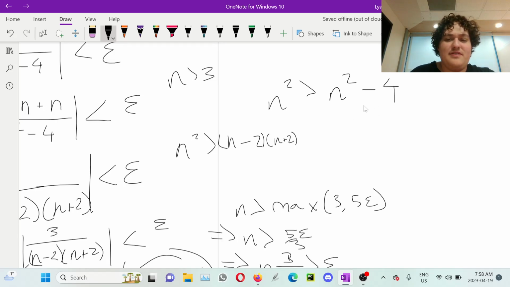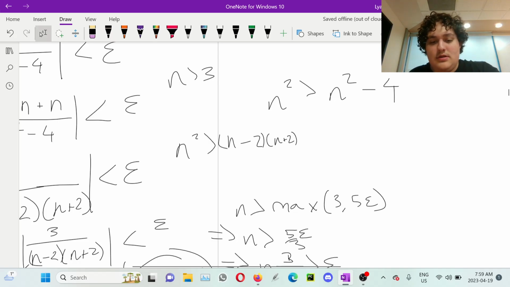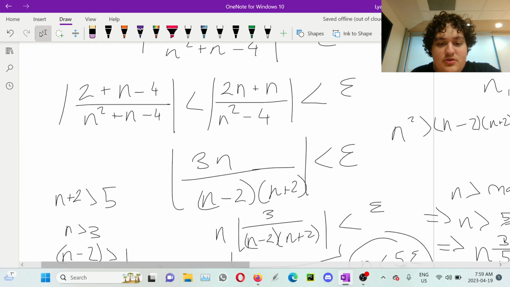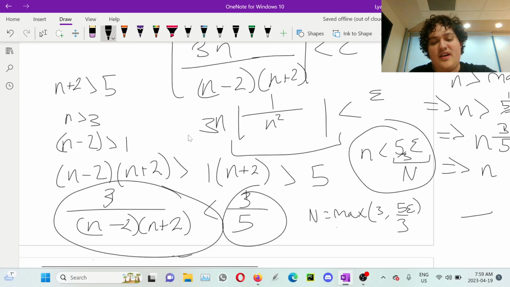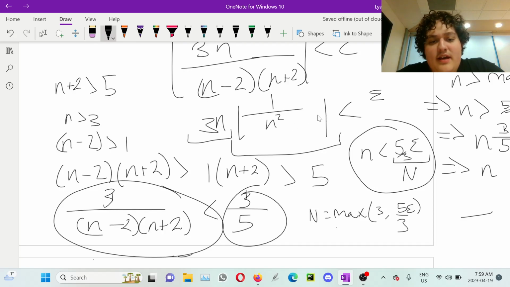Oh yeah, this is obvious, right? So because of that, I can switch to that with n squared, right? And then I actually want to find a bound on the 3n.